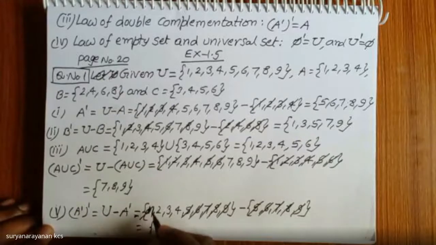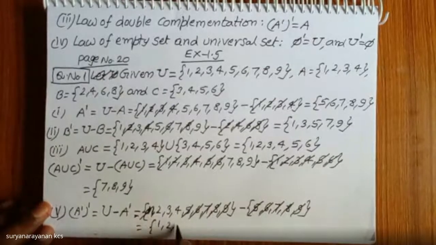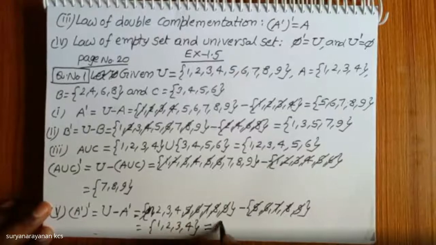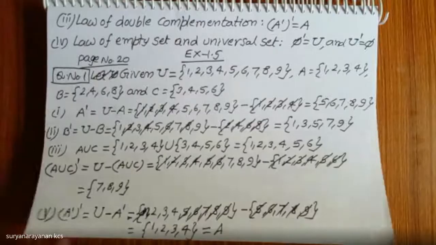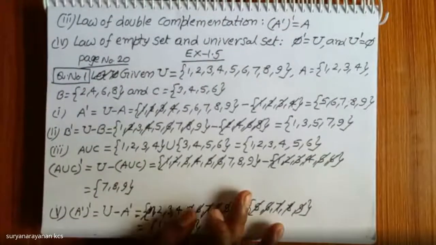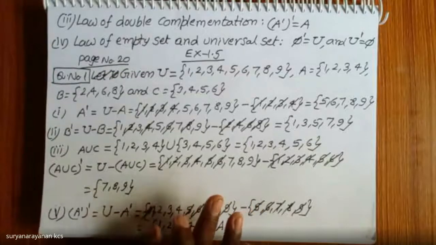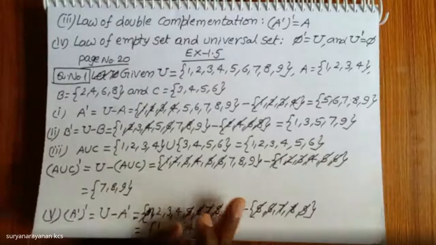So what are the elements left in the first set? 1, 2, 3, 4. Yes or no, my children? This is nothing but set A. A complement whole complement is equal to A. Previously also we have discussed properties of complement of a set.